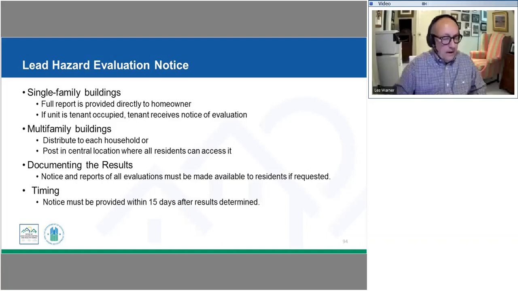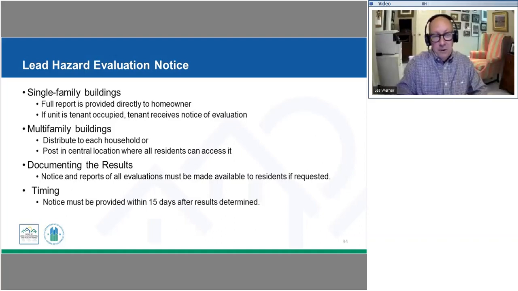So in any of these cases, we want to make sure that we collect evidence to be able to document that that notification process was completed. Typically, if we are providing something directly to a household or a homeowner, we're going to have some kind of receipt that they will sign to designate that, yes, I did receive this notification.